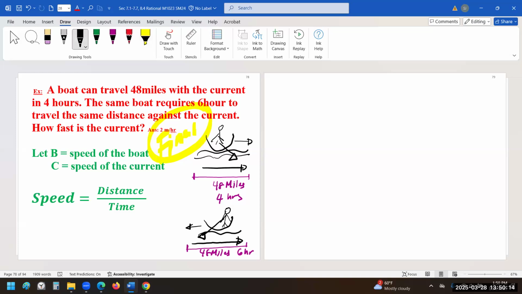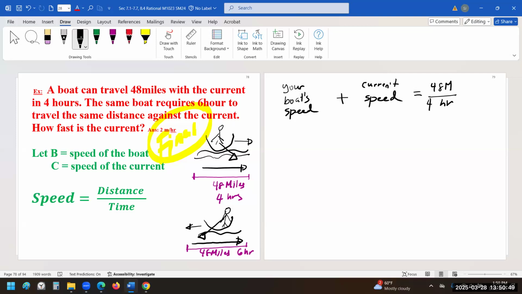So the first scenario is telling us that your boat speed plus the current speed, when you have them together, you are crossing 48 miles in 4 hours.